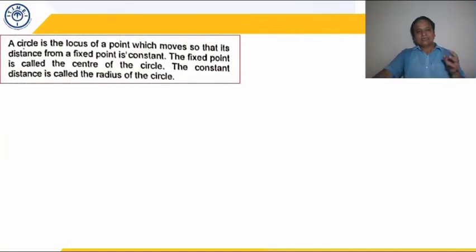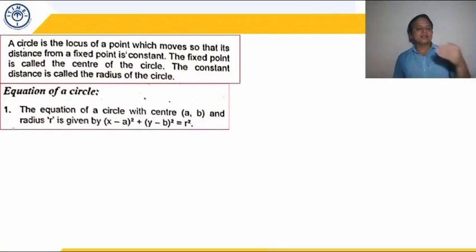Now, a circle is the locus of a point which moves such that its distance from a fixed point is always constant. This fixed point is called the center of the circle and the constant distance is called the radius of the circle.